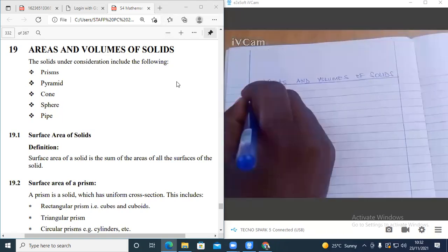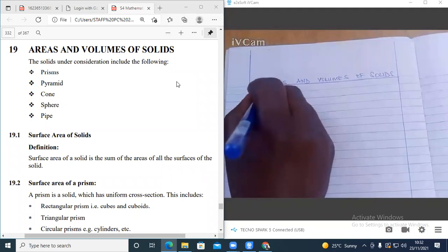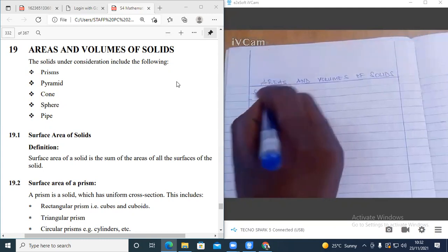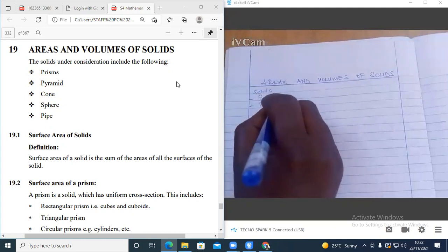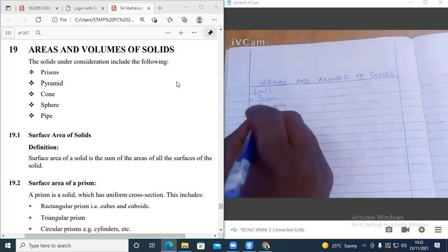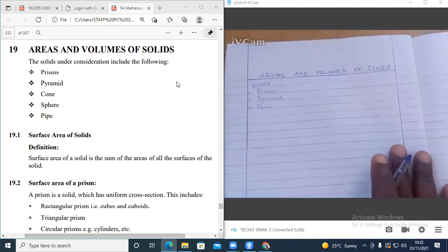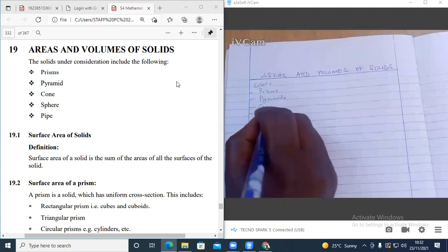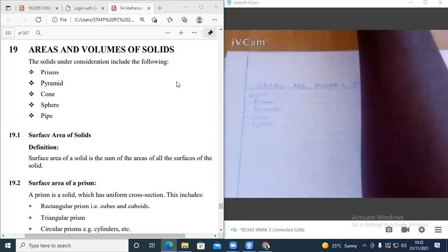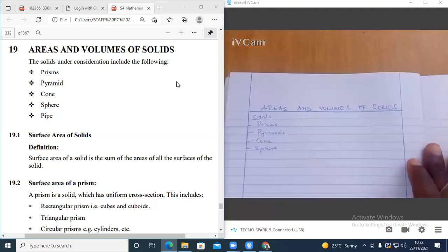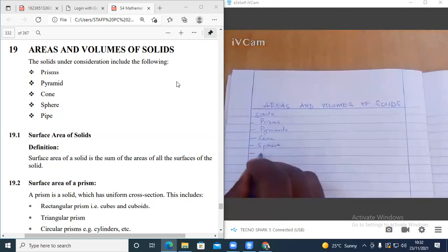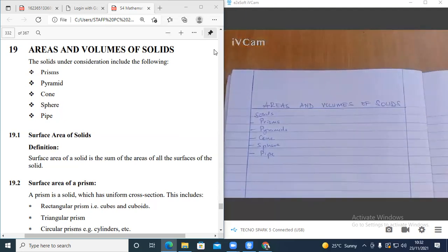So the solids to look at are prisms, pyramids, the cone, the sphere, and then the pipe. Those are the solids that we are going to look at today.